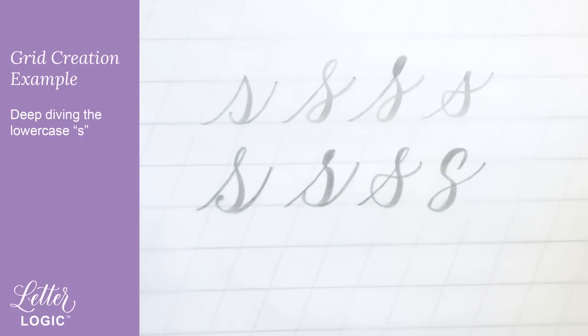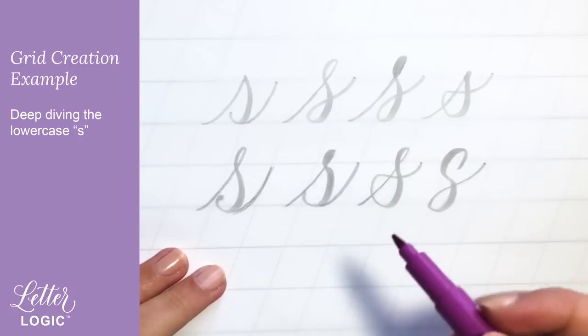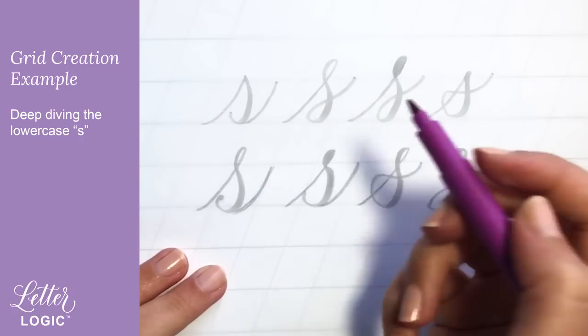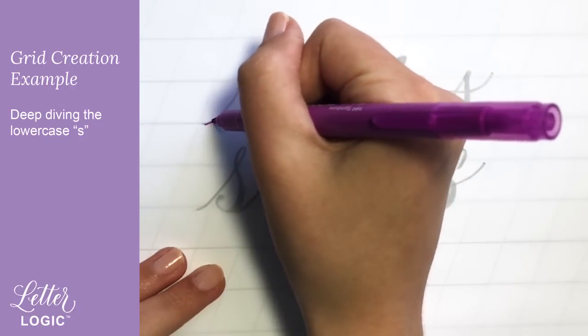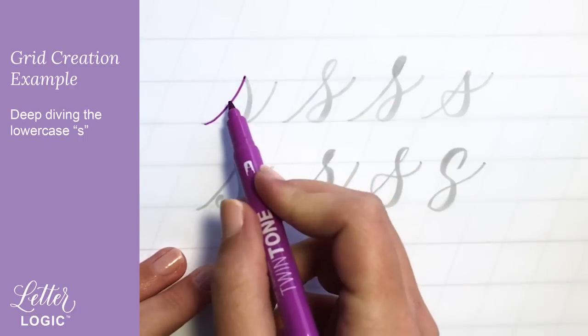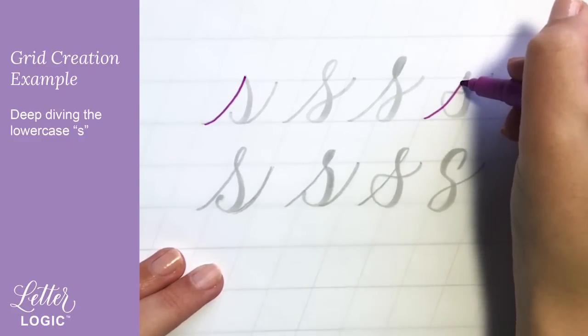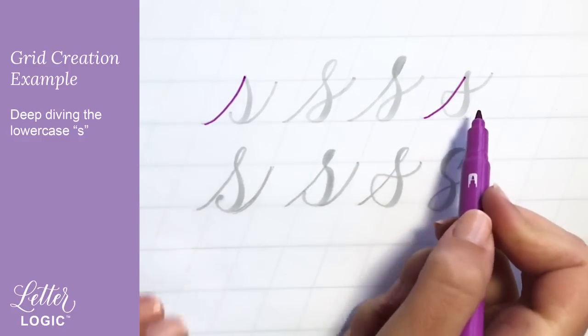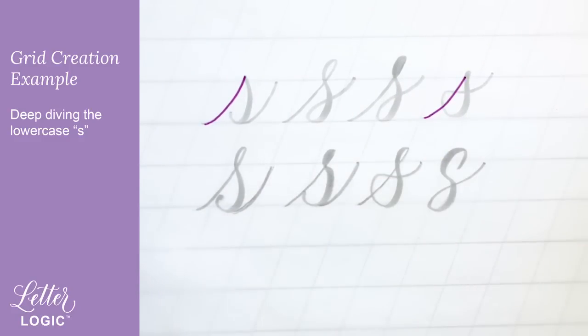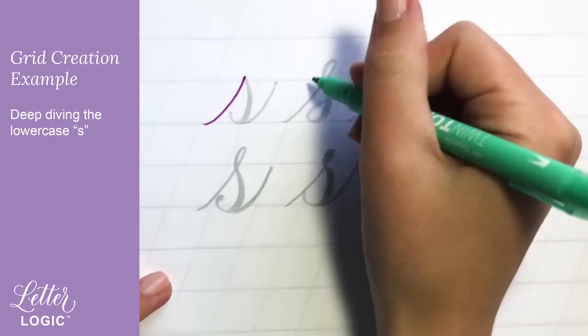Each of these S's we can break down into 2 components. We have the entrance and the body of it. For this one, the entrance is just a regular entrance stroke that comes up to the header line. I see the exact same entrance in this one right here. Even though these 2 S's are completely different, they start the same way. Okay, let's look at the second one. We have an entrance, but it has a loop on the top.